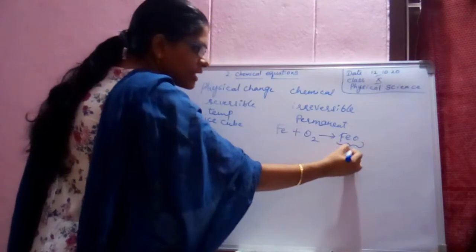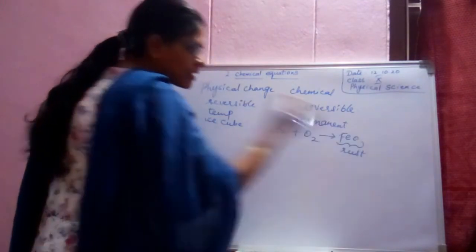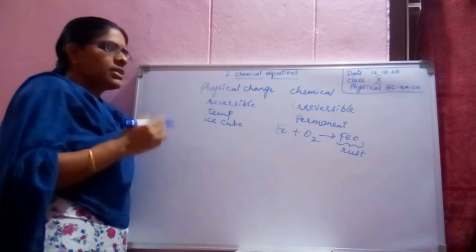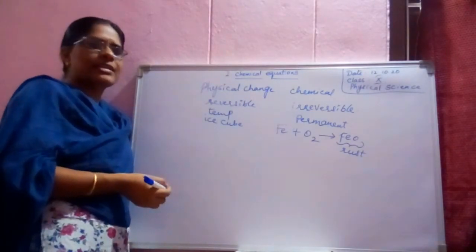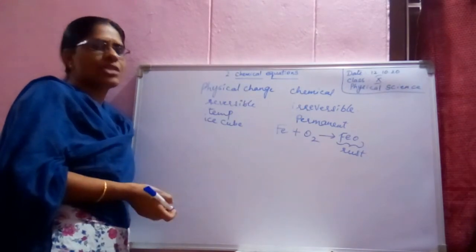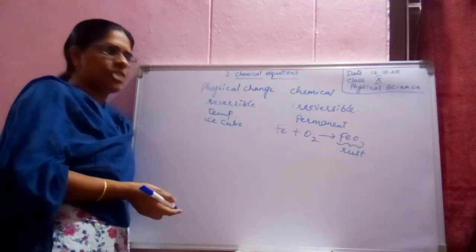FeO is nothing but your rust, that is ferric oxide. These are some of the differences we have studied under physical change and chemical change.